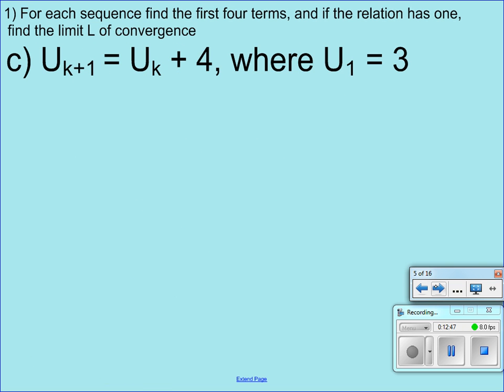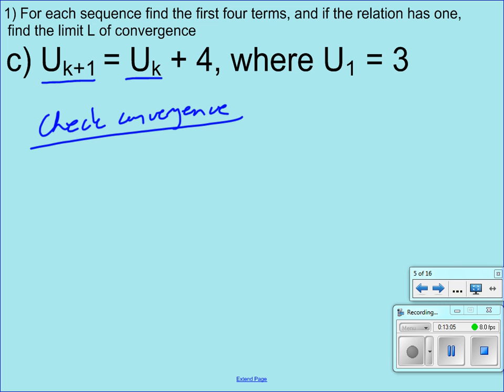Last example then. Again, I've got this uk plus 1. It must be a recurrence relation because it involves the previous term uk. I could find the first 4 terms, but I'm not going to do that this time. I just want to check convergence this time. And I'm going to prove that this thing won't converge, and you'll see why. Instead it's going to diverge because I can't get an L equals.